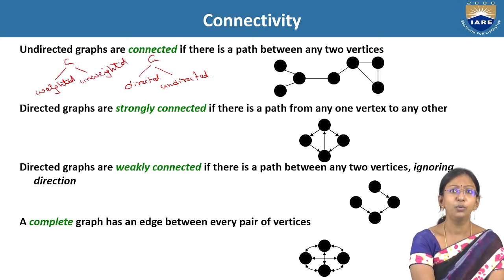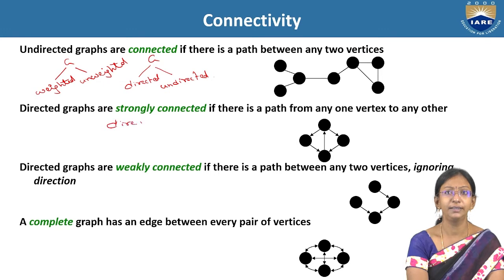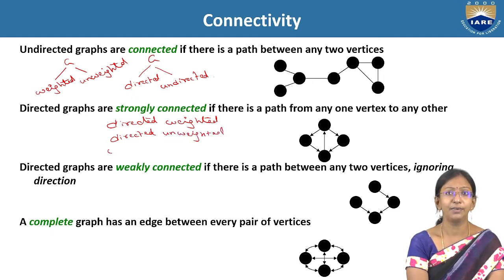We can have combinations when you construct a graph. For example, we can have a directed weighted graph, or a directed unweighted graph, or an undirected weighted graph, or an undirected unweighted graph.